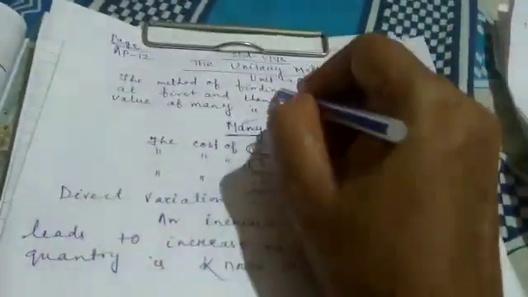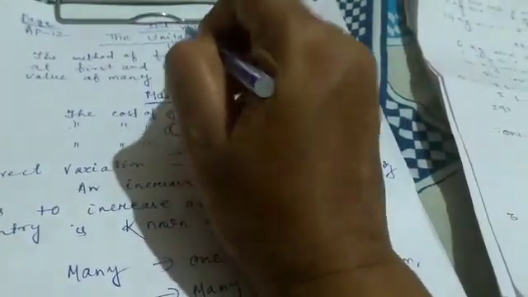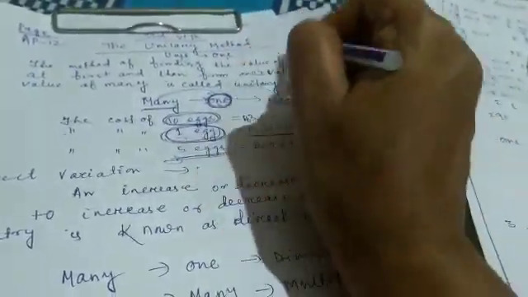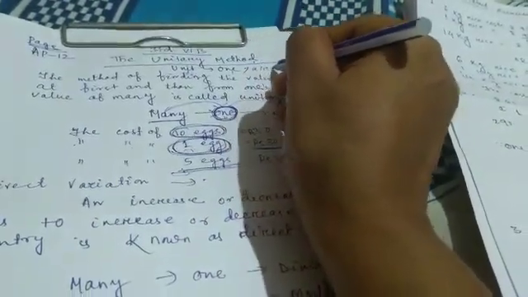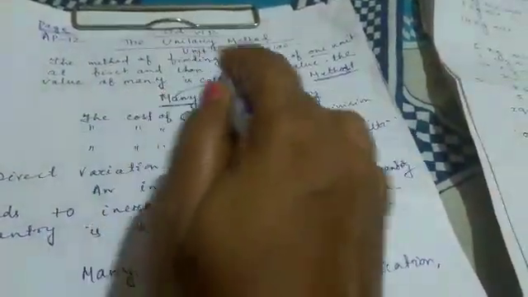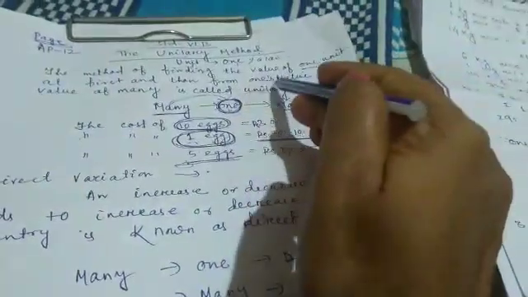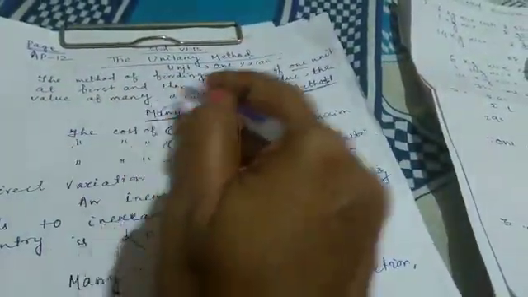Again I am explaining. Why is it known as unitary method? Because first we have to find out the value of unit, or value of 1, or value of a thing. The method of finding the value of one unit at first, then from one's value the value of many is called unitary method.